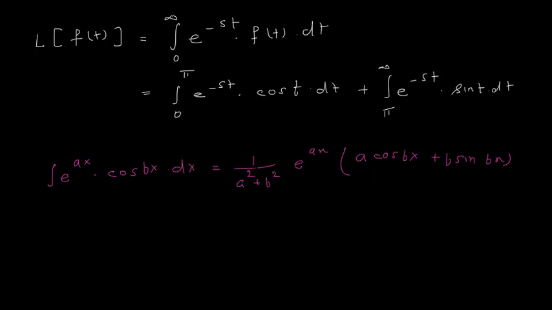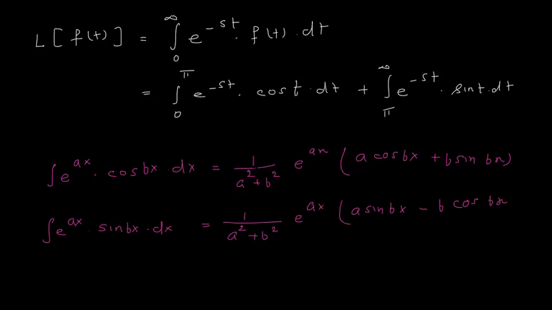So instead of doing any derivation, you can use this formula. Similarly, the integral of e raised to ax into sin bx dx is 1 upon a square plus b square into e power ax, inside the bracket a sin bx minus b cos bx. So we implement this formula and we will get the solution.